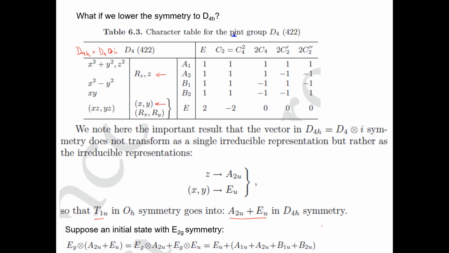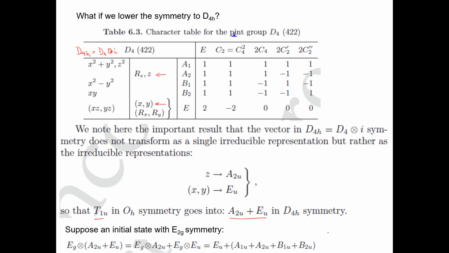Okay, so you see that things are starting to get more complicated when you reduce the symmetry, and this is a very general statement, and it happens many times. When you reduce the symmetry, the number of possible transitions increases.